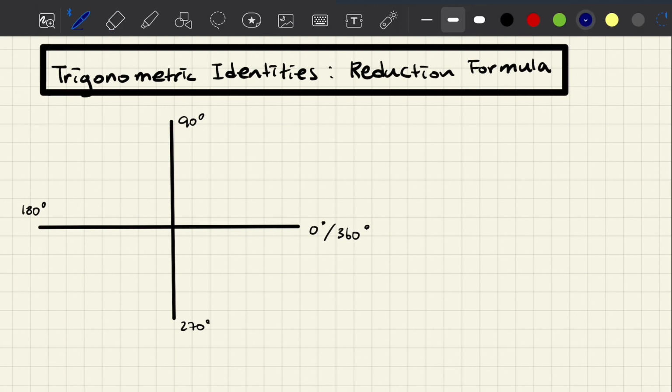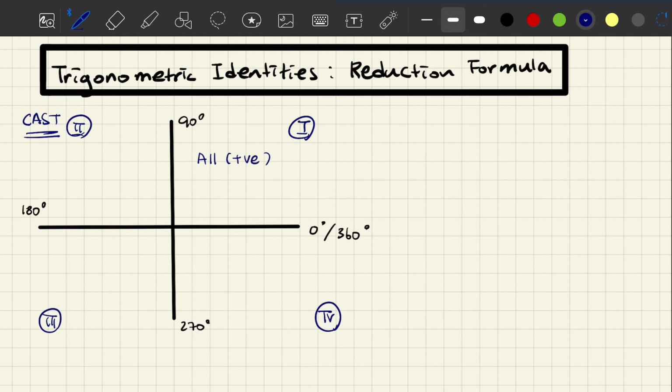Okay. So here I have a CAST diagram. This CAST diagram has the first quadrant, second quadrant, third quadrant, and then fourth quadrant. And as we know, on the first quadrant, all trigonometric ratios are positive values, right?